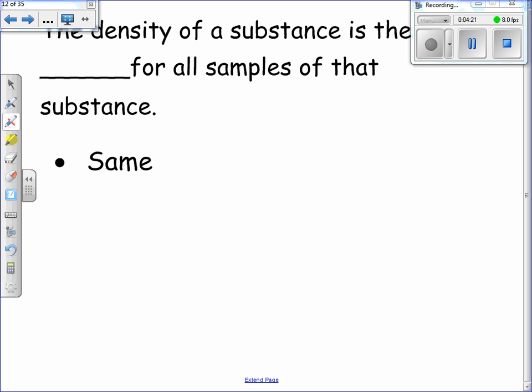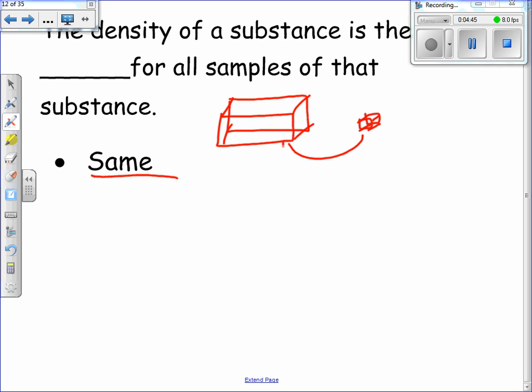If you have pure gold, and you had a big cube of it, or you had a little tiny nugget, the mass is different and the volume is different, but the density is the same because it's the same substance.